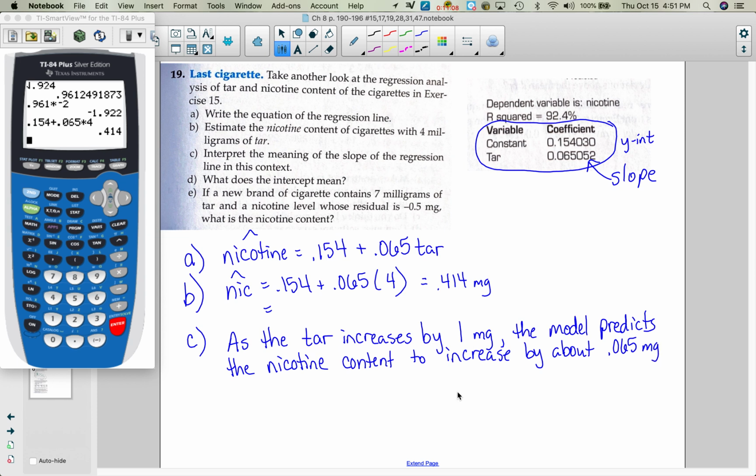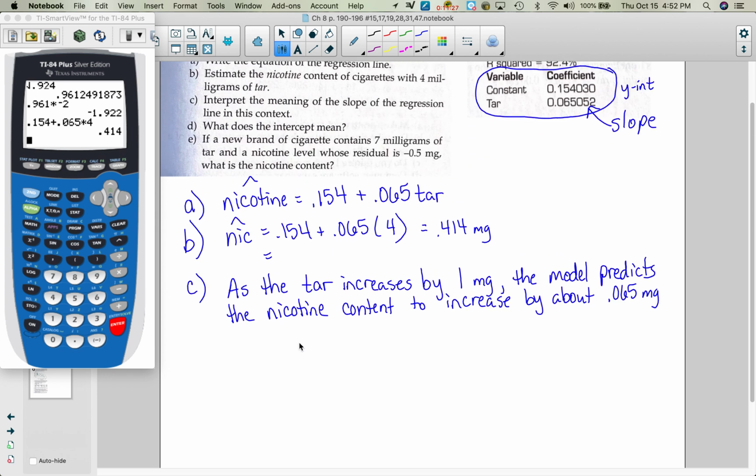Okay, so that's what that means. Notice, it's the same format. The model predicts the explanatory variable is increasing by 1 unit. The model predicts the response variable to, in this case, increase because it's going up by about whatever the slope is. Okay?